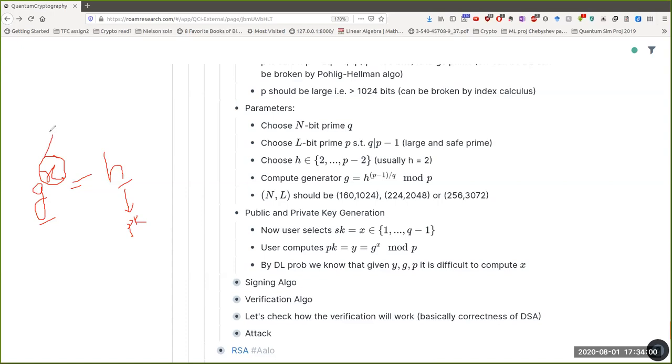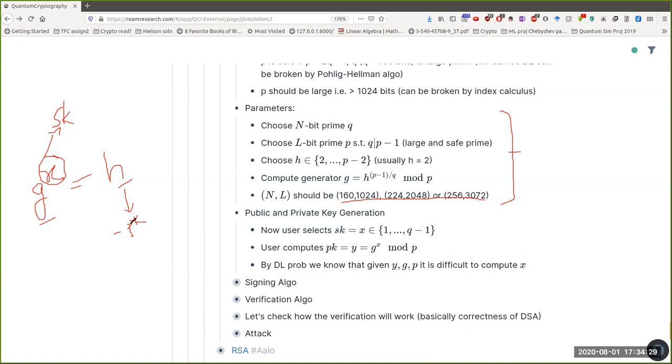Since the discrete log problem is shown to be hard, given, of course, criteria. Remember, discrete log is not always hard. You need to set your p's and q's, which is why we have this entire parameter section, which is important. You have standards that tell you how many bits you should have. So given all these parameters, we can now say that discrete log will be hard in this scenario.